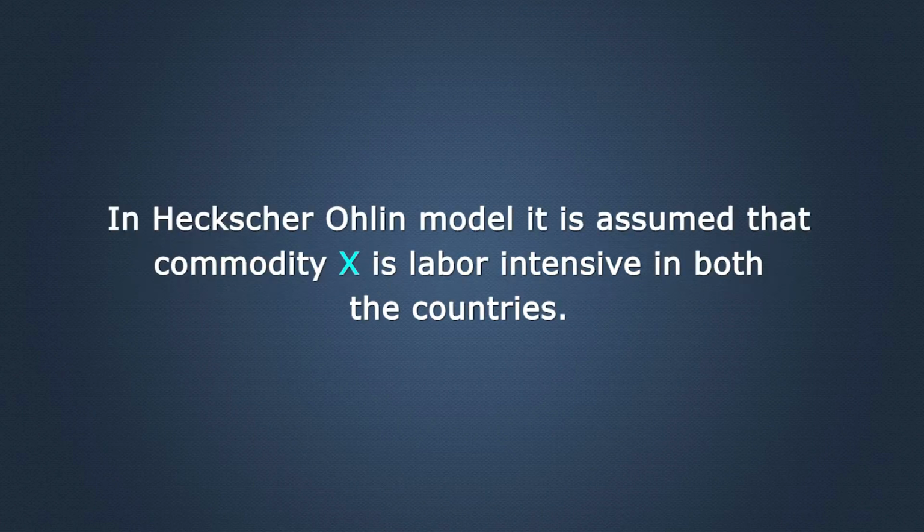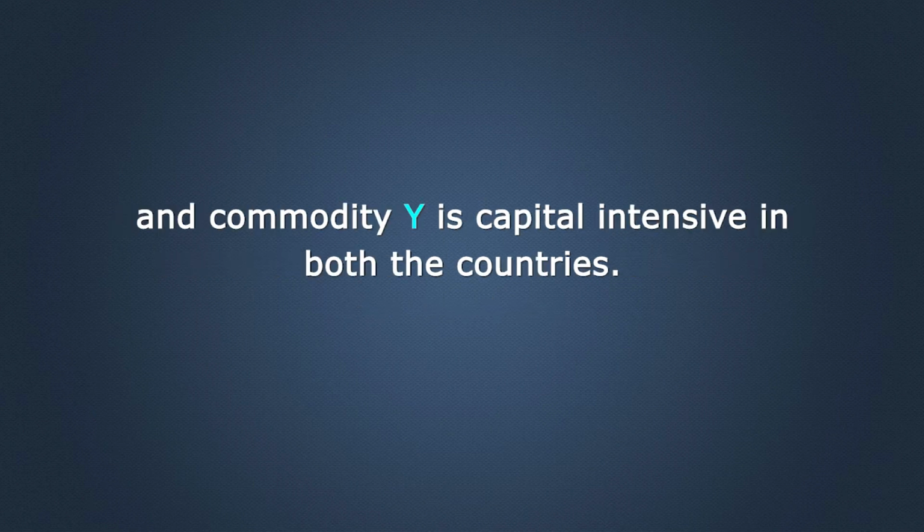In the Heckscher-Ohlin model, it is assumed that commodity X is labor-intensive in both the countries and commodity Y is capital-intensive in both the countries.